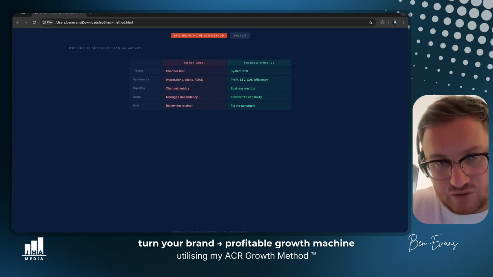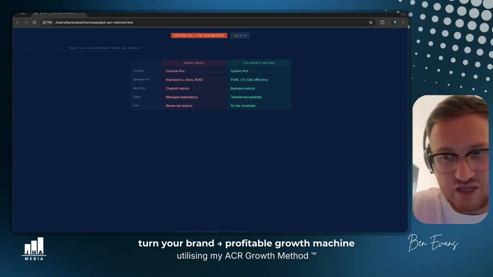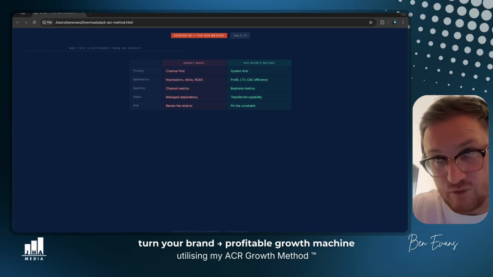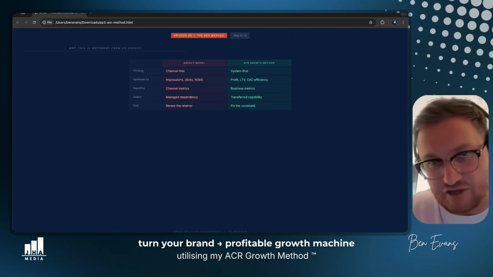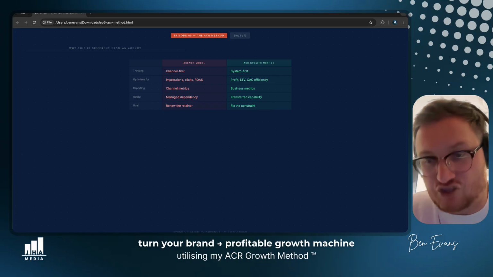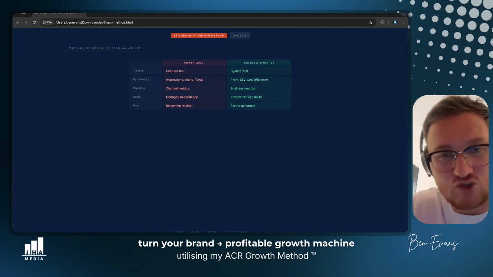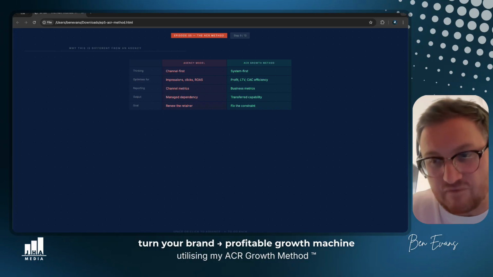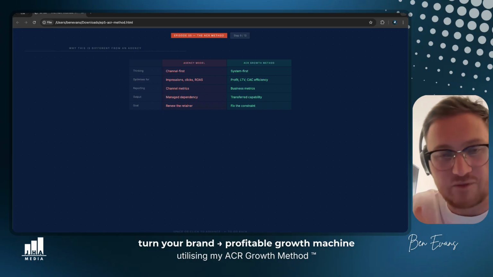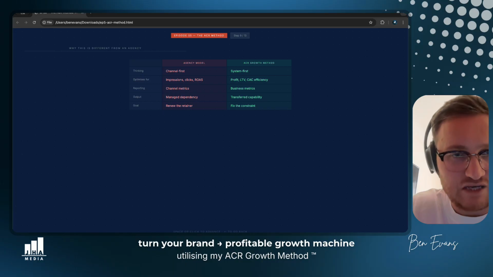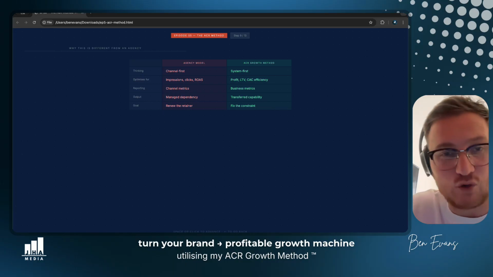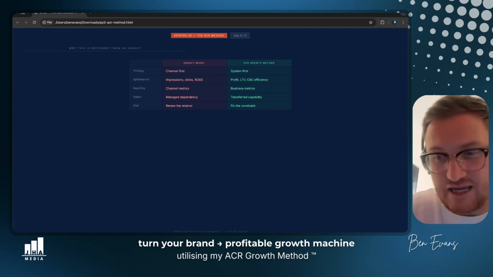Typical agency model will focus, their thinking process will be on channel first. So they'll either focus on Meta ads, they'll either focus on Google, they'll focus on Klaviyo, they'll focus on one particular channel, and that's it. They do not have a system first level of thinking that we optimize and we utilize at JHA Media. They optimize for impressions, clicks, and ROAS.